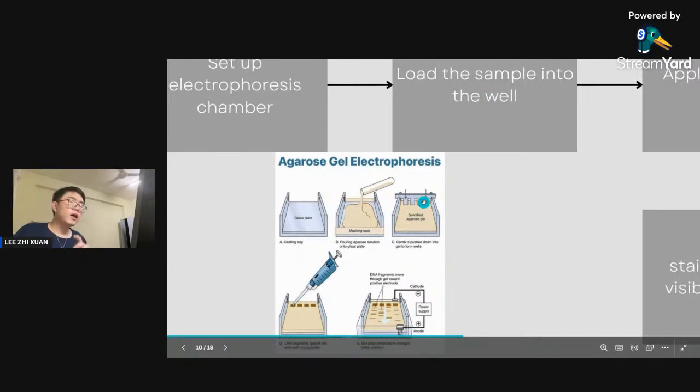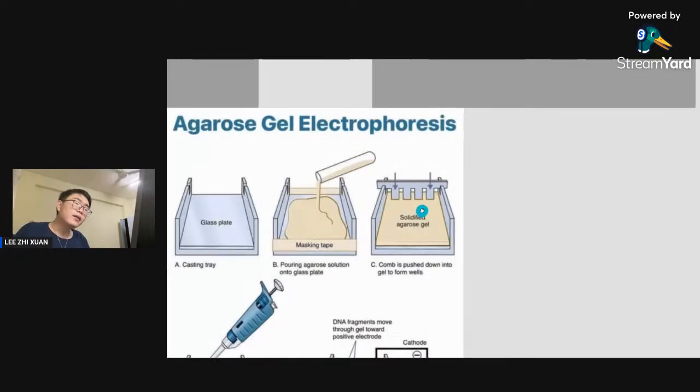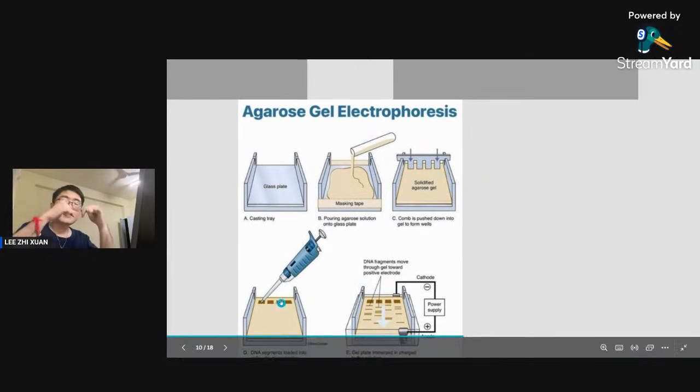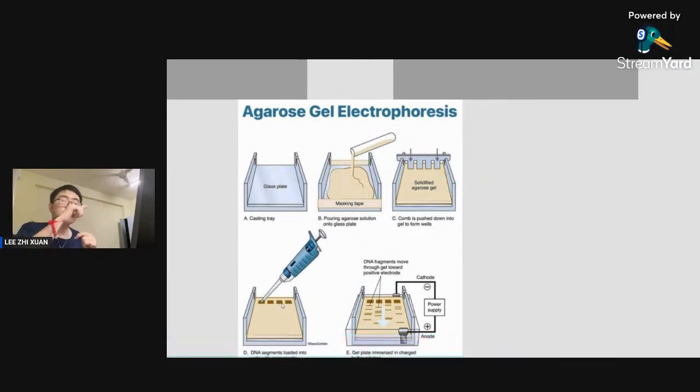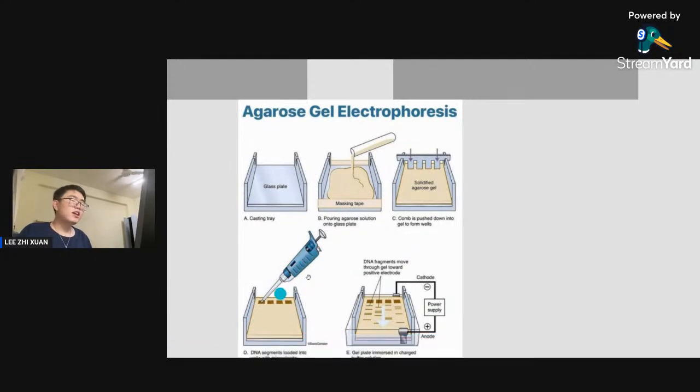So why do we put the comb? This one is the comb. We put the comb because we need to load the sample. It will leave a hole like that. Then you will use a micropipette. I think you have never seen this. This one is a pipette.